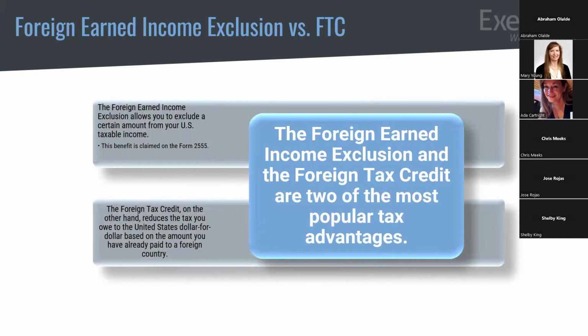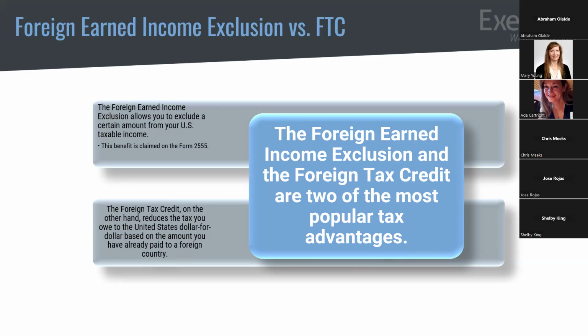The foreign earned income exclusion and the foreign tax credit are two of the most popular tax advantages when dealing with foreign accounts. However, they are not the same. The foreign earned income exclusion is going to allow you to exclude a certain amount from your U.S. taxable income. This lowers your total income on which tax is calculated.